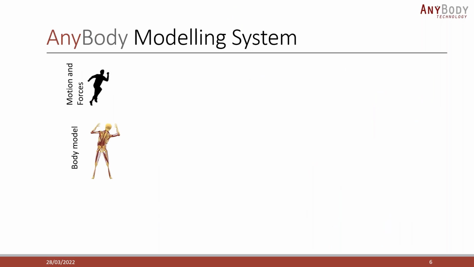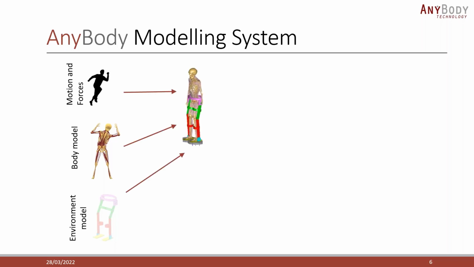You provide the recorded motion data as input, and then you can use the body models which you or others have built. You can then provide some kind of environment, which could be a special type of equipment or, for example, an exoskeleton. You can then use Anybody to combine these things, solve the muscle recruitment and run the inverse dynamic simulations. This basically means that we go from motion to calculating the internal body loads and the interaction with the environment in some cases.